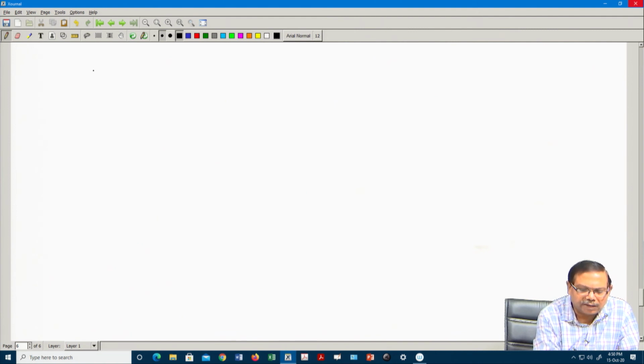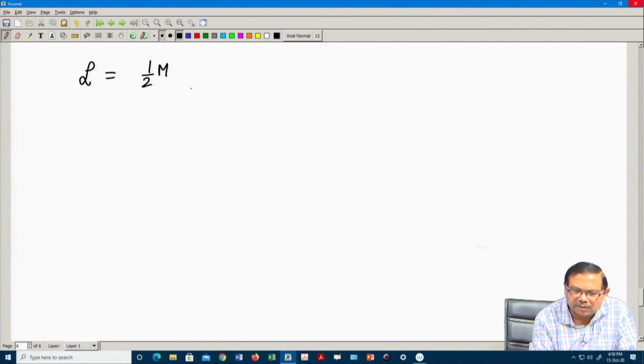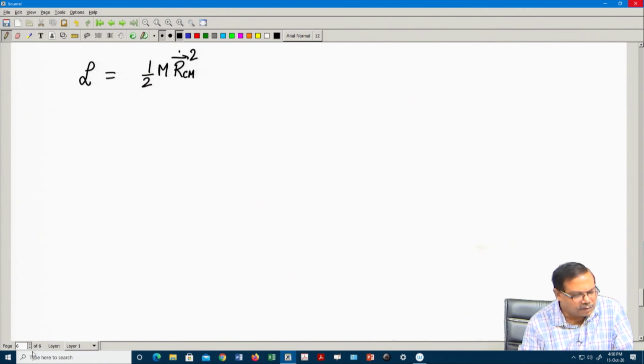So, what is the Lagrangian? First I write the Lagrangian of the center of mass. So, mass is M, capital M is m1 plus m2, and rCM dot square, right. Center of mass is moving. Then I have to write the kinetic energy with respect to the center of mass.